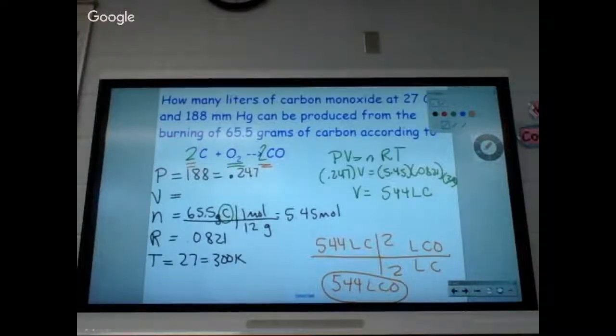Is it CaO and then CO? Remember the O right there? Yep. Because it says decomposing, so there should be.